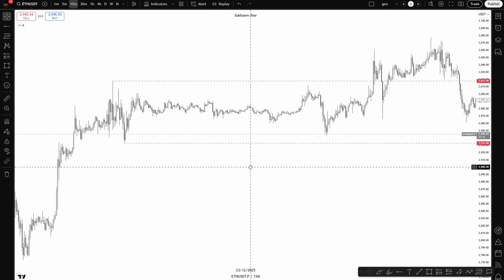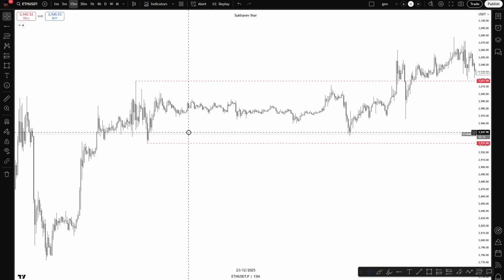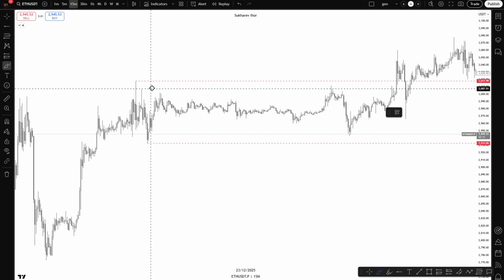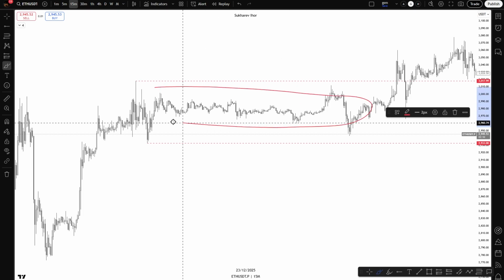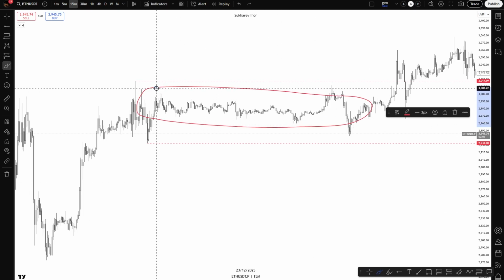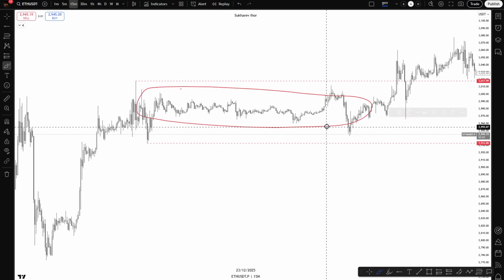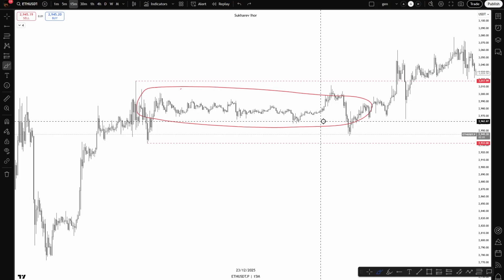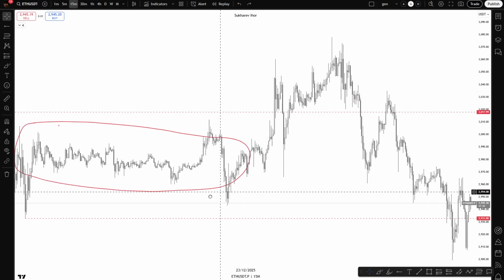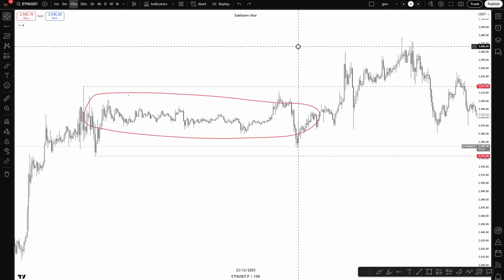We see that the price always stays in this frame and doesn't have any clear higher lows or higher highs. Everything is not super clear. Most of the time after consolidation, a big price movement comes in, either a big move to the upside or a big move to the downside.